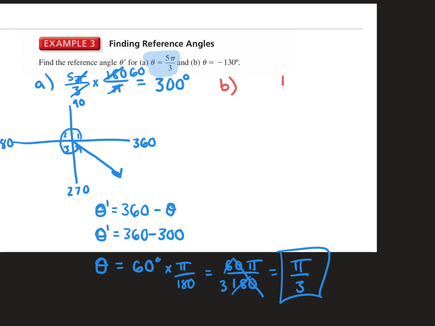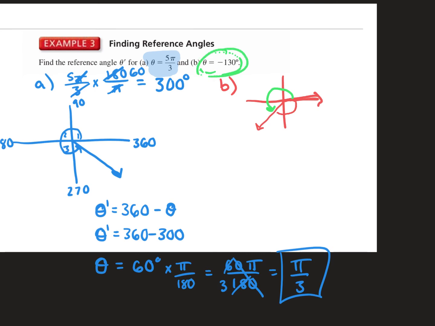Negative 130, we would start from our initial side and go down 130 degrees, which would put us in the third quadrant, but we really only want the positive angle. So how do we find our positive coterminal angle of theta?